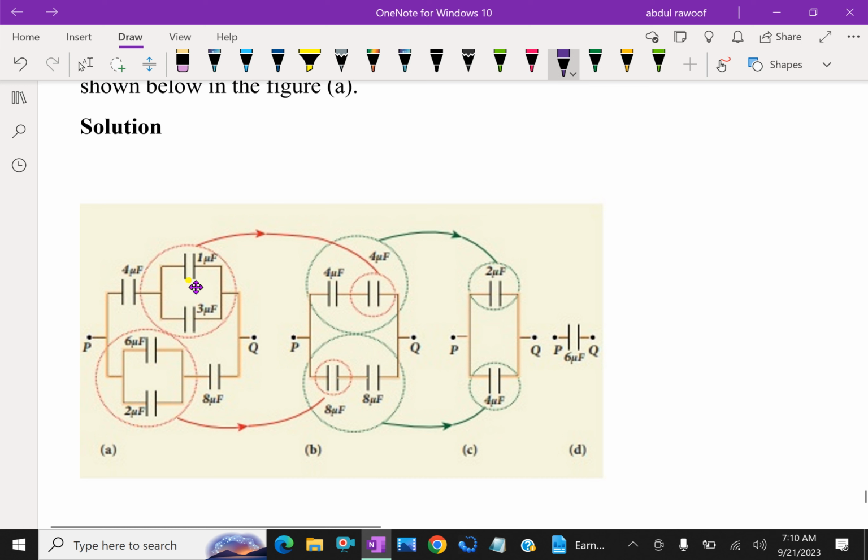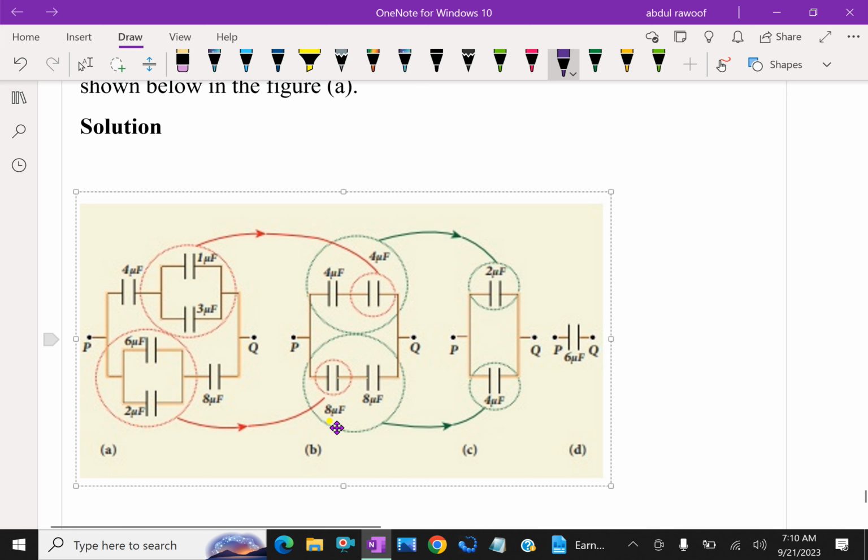That 4 microfarad is in series with 4. And here, 6 microfarad and 2 microfarad are parallel, so the addition is 8 microfarad. That 8 microfarad is in series with another 8 microfarad.